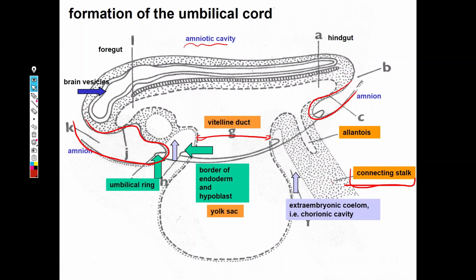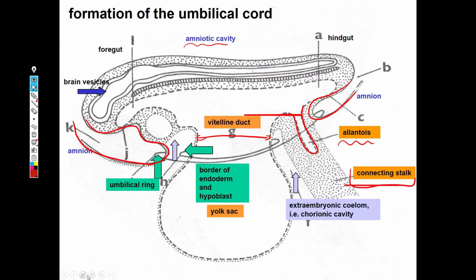So they get together, and you can see there is a protrusion from the primitive yolk sac. There was a protrusion called the allantois. So you can describe the allantois as a protrusion of the yolk sac that is protruding into the connecting stalk over here. The umbilical cord, really.